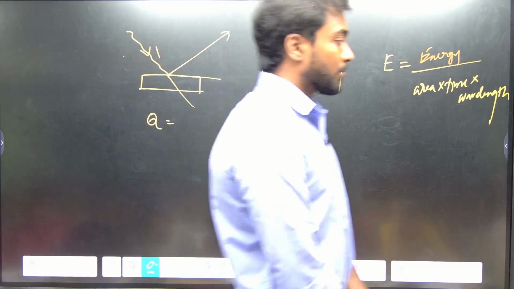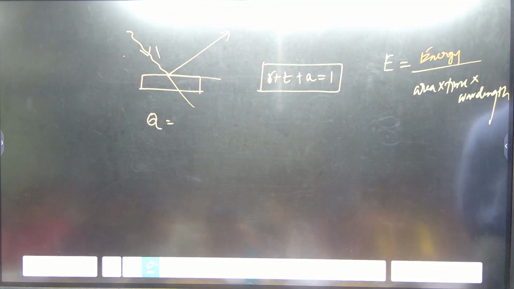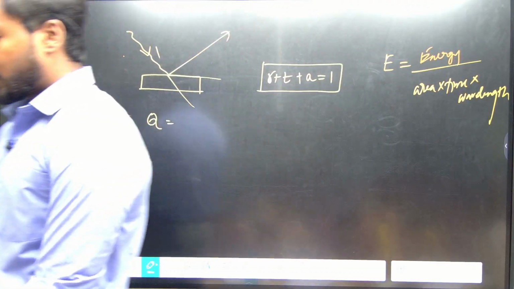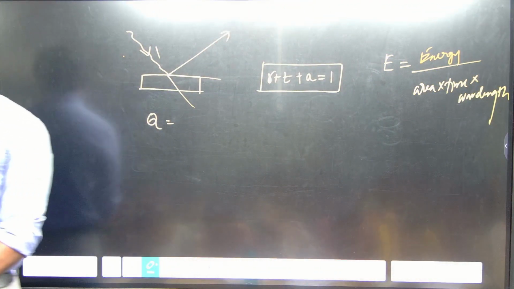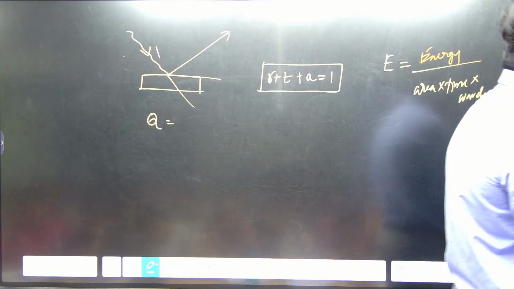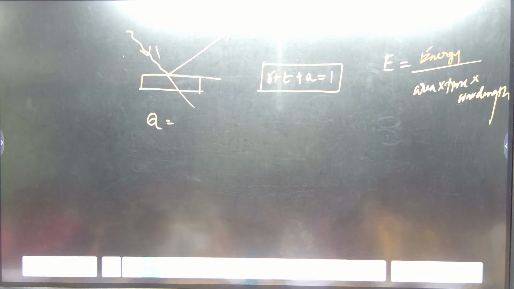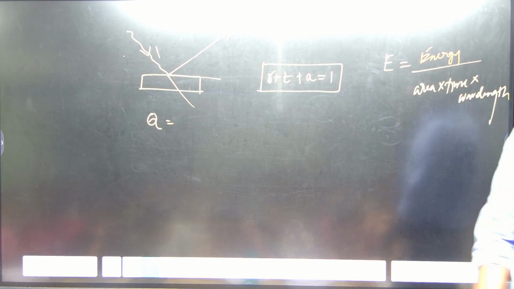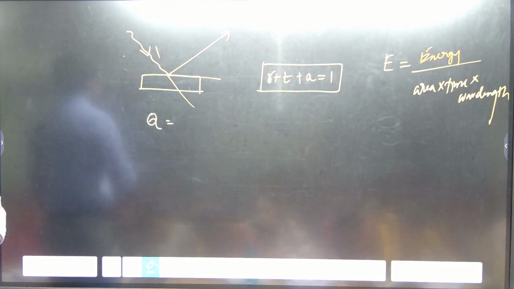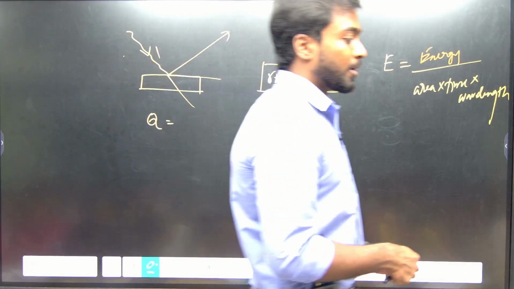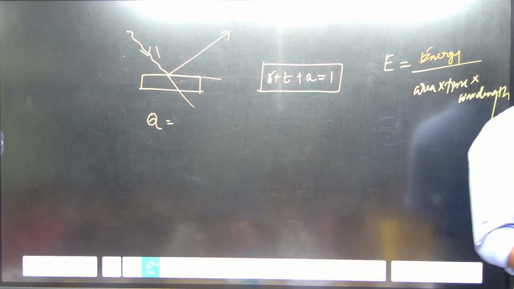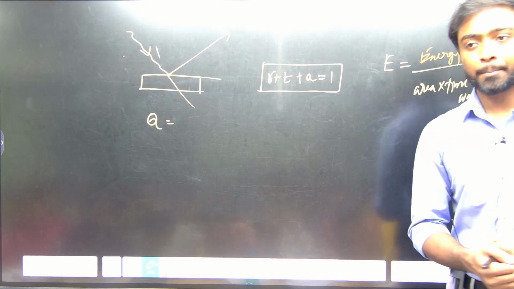Next subheading: Wien's displacement law, W-E-I-N-S. First point, this Wien's displacement law talks about the wavelength and temperature relation.